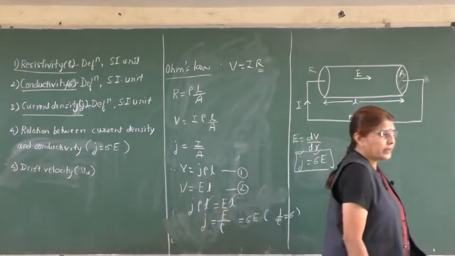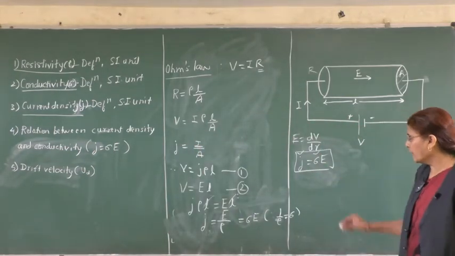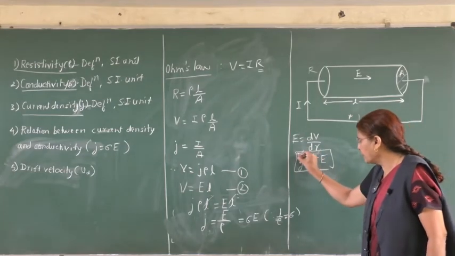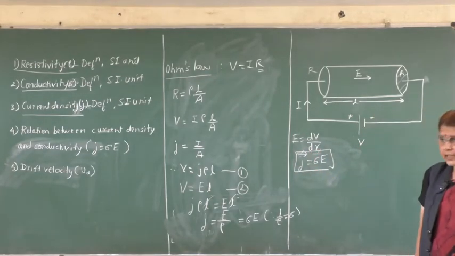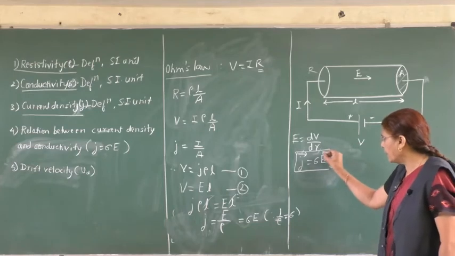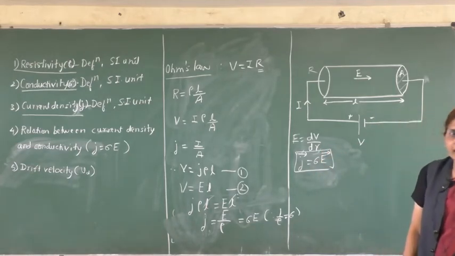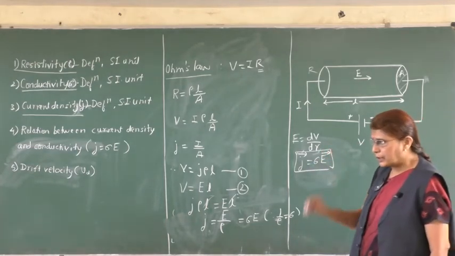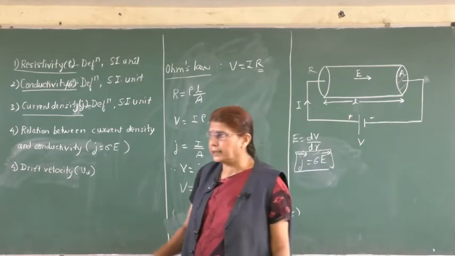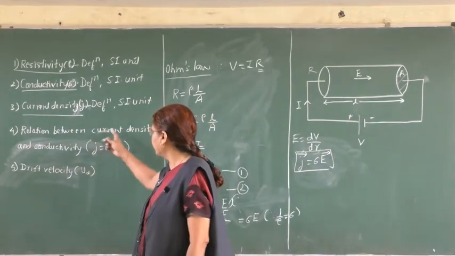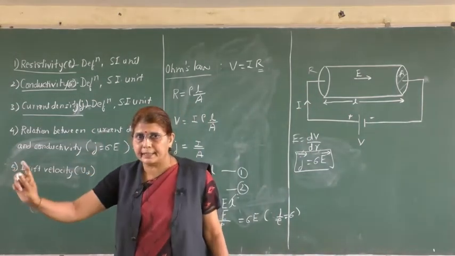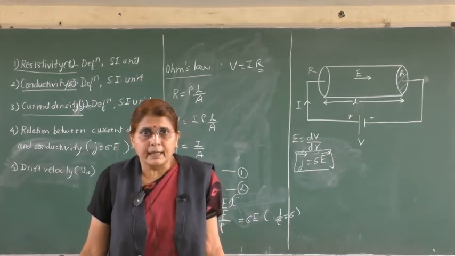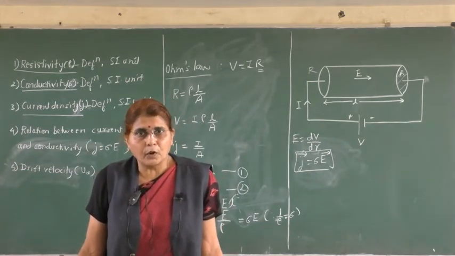So we can also write this in the vector form. J is a vector quantity. Let me put an arrow mark over it. Vector J is equal to sigma into vector E. This is in the vector form. So this is, no doubt, a relation between current density and conductivity, but it is also called the microscopic form of Ohm's law.